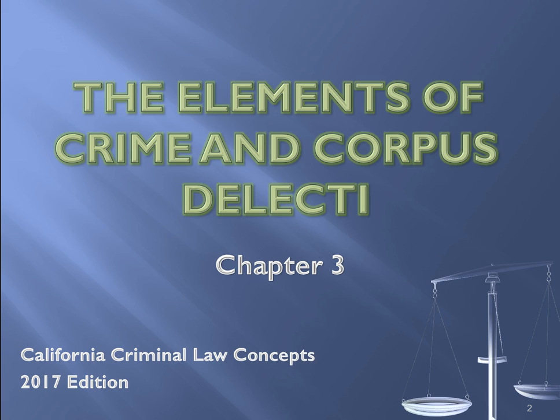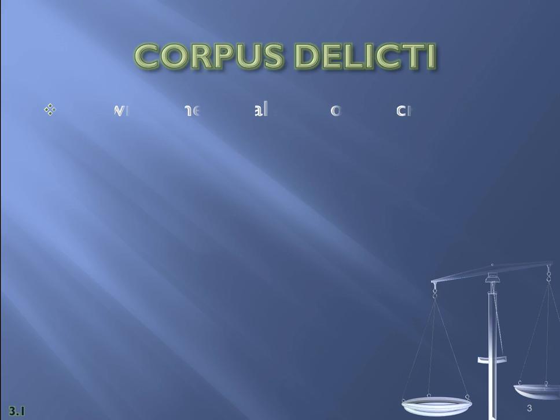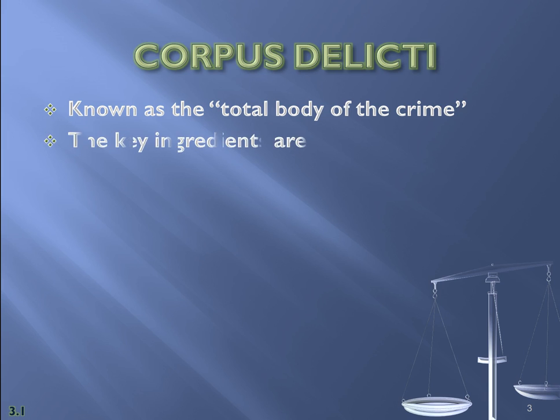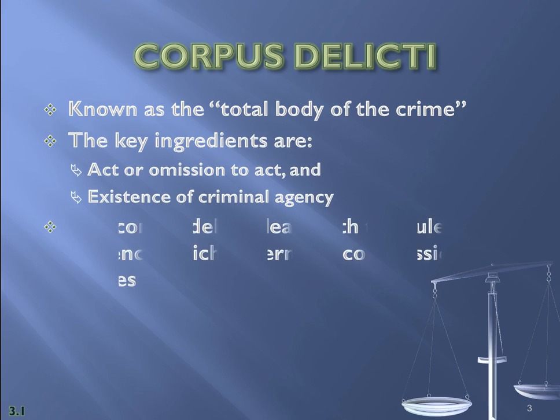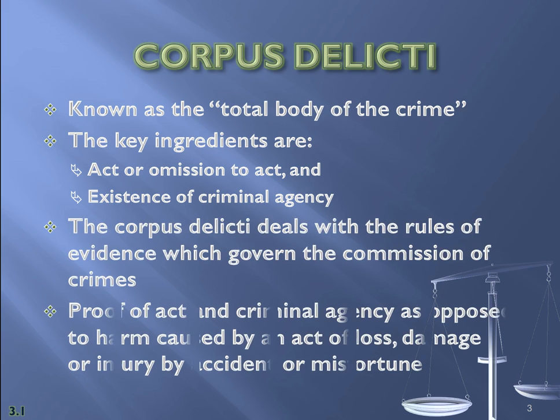Now, when we talk of this, a lot of people think that we're talking strictly about a body. So for a homicide case, you need the corpus delicti, the corpus. Everybody associates that with homicides, and that's really not the truth. The corpus delicti is known as the total body of the crime.